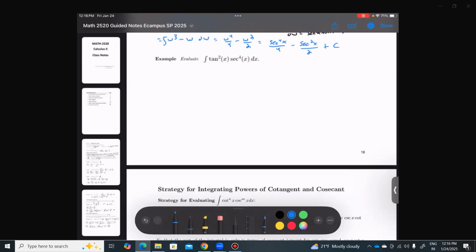All right, so the last one with this, tangent squared x secant to the fourth x. Here we are going to break secant x up. Let me think the best way to do this. We're doing that first. So tangent squared x, secant squared x, and then secant squared x dx.